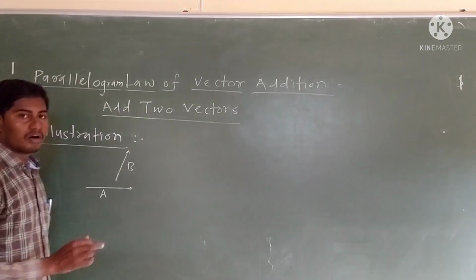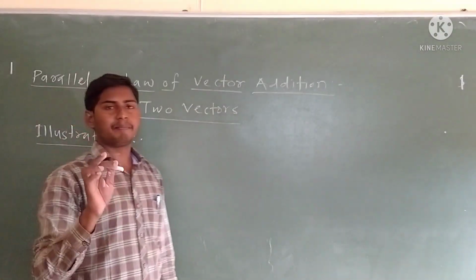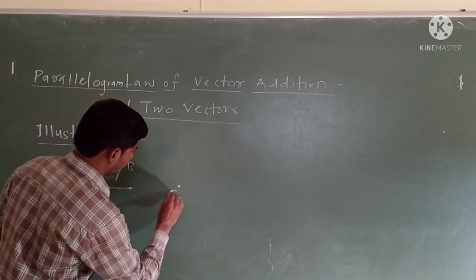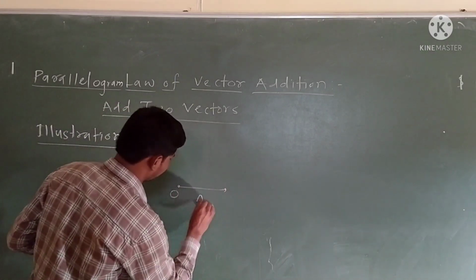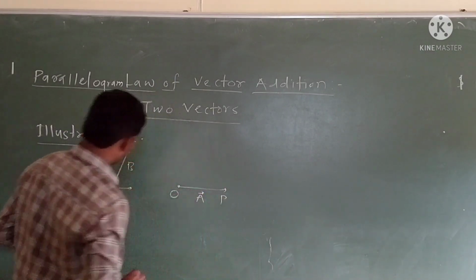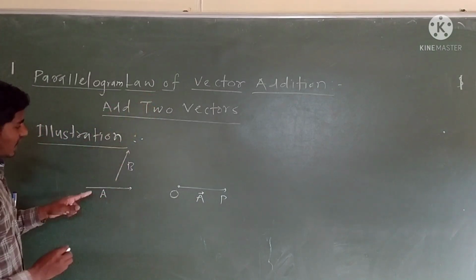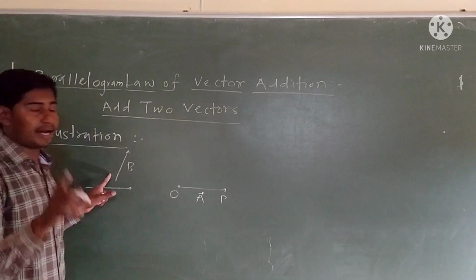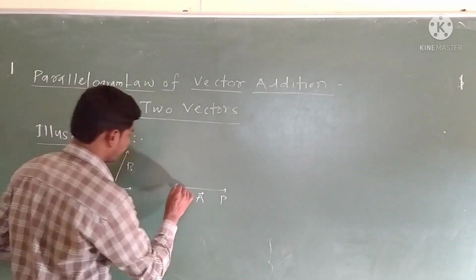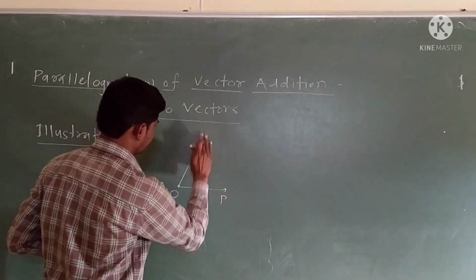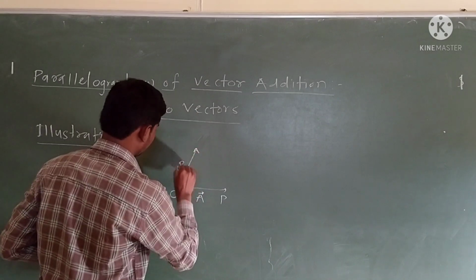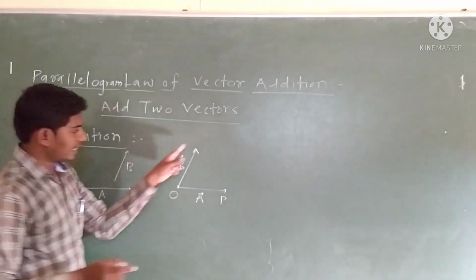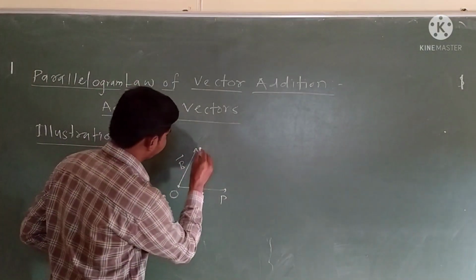So I draw one vector equal and parallel to the A vector from the origin point O. Now again I draw another vector which is equal and parallel to vector B. Now I complete this parallelogram.